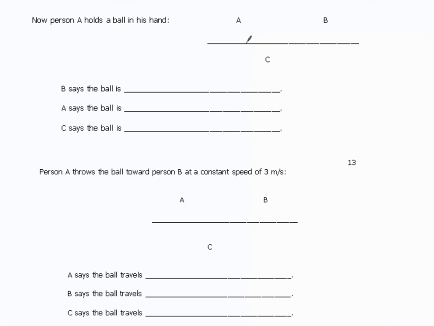Now in the second scenario, person A is holding a ball in his hand. Here's person B, here's person C. We're on the same train. It is still moving east at 5 meters per second. Person B, looking at the ball, says that the ball is stationary.